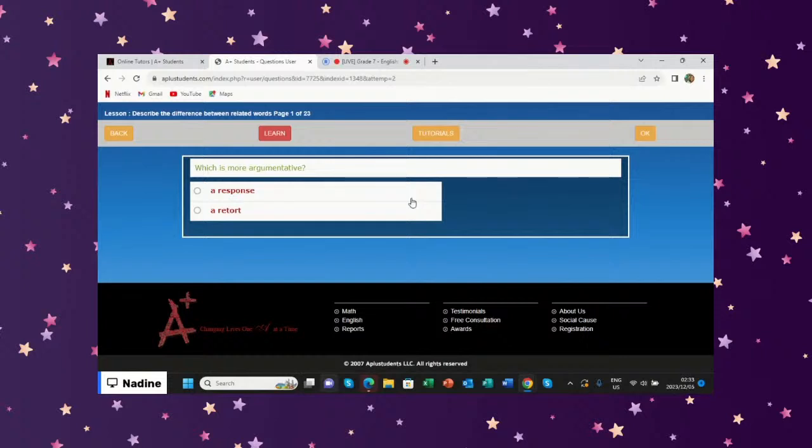A retort is where you say something in answer to a remark, and you usually say it in a very sharp, angry, and witty manner. So it's like you are giving a response in a more angry and sharp way.